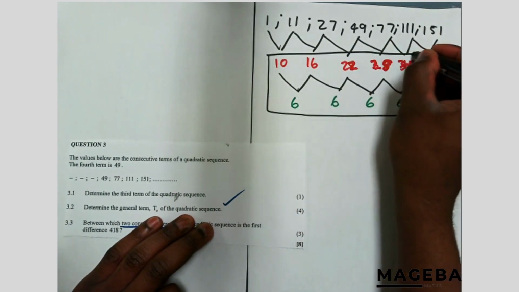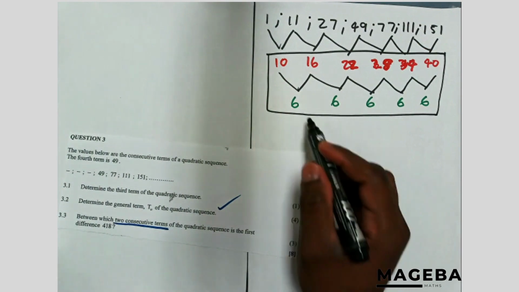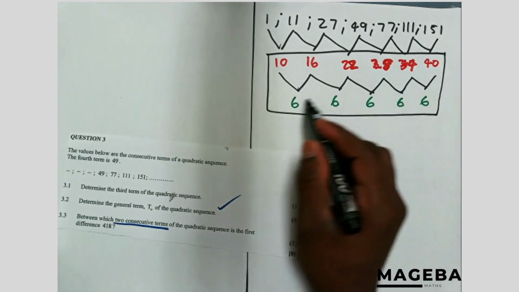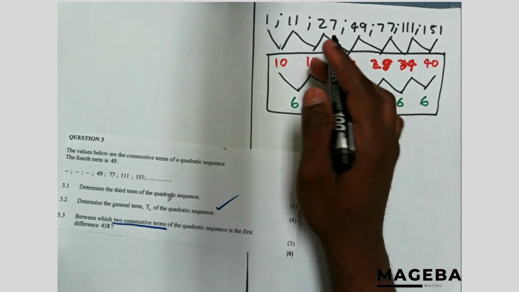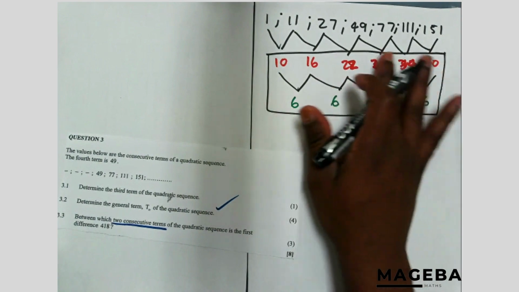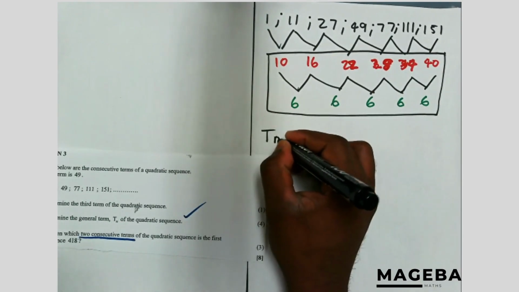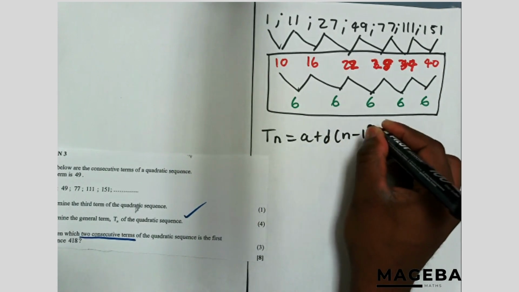Since the first difference acts as an arithmetic sequence, we find the nth term of this sequence, which is Tn equals a plus d times n minus 1.